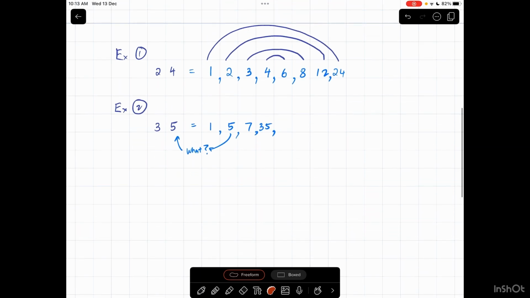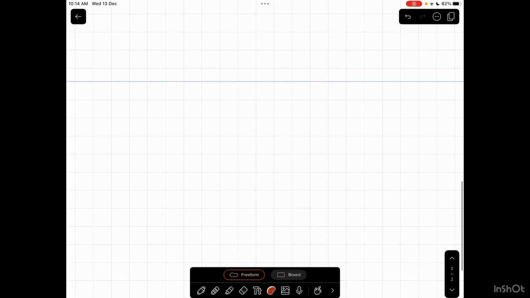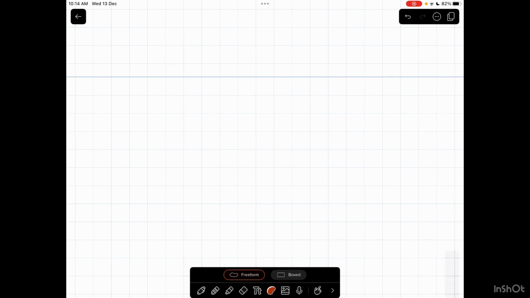Now that we have covered factors, and for those who don't get it, try rewatching this part again and try to do it with other numbers so that you get a feel for it. Now it's time to move on to the next term, which is prime factors.